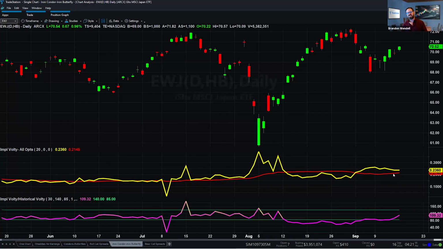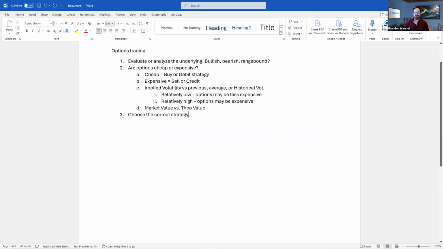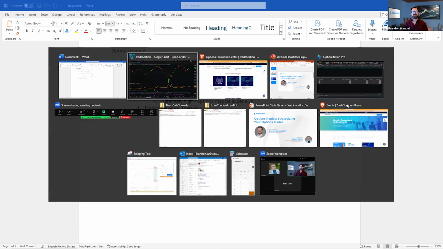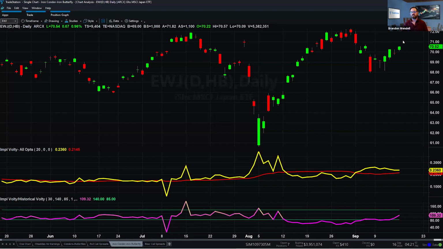Well, if implied volatility is relatively high, my list says, well, we may want to find something that we could sell, because we are seeing that options are relatively expensive. And when they're expensive, selling or credit spreads are possibly the better choice. And of course, we could actually kind of test this out going back to the theoretical value.